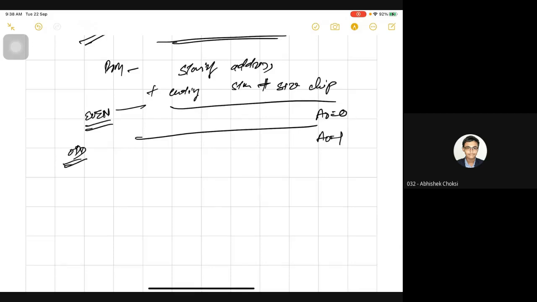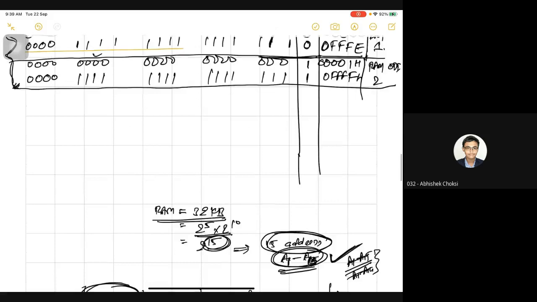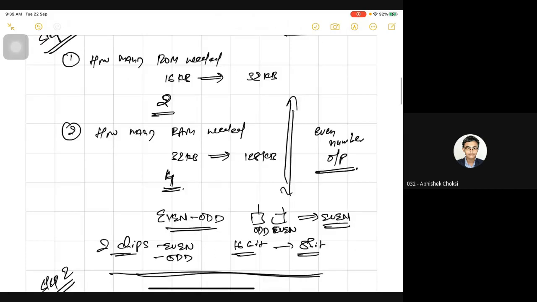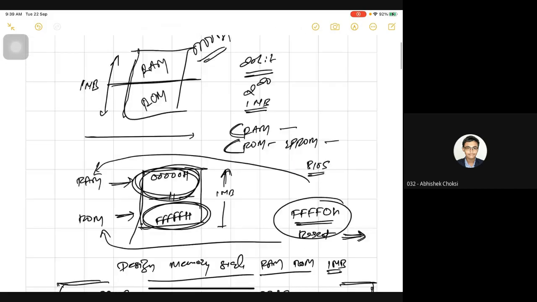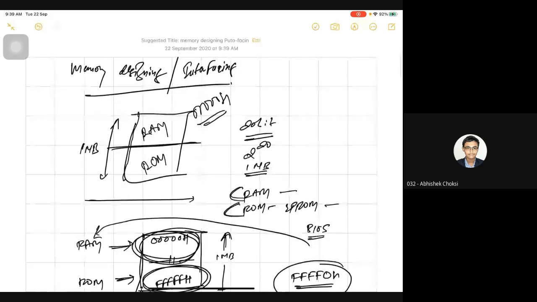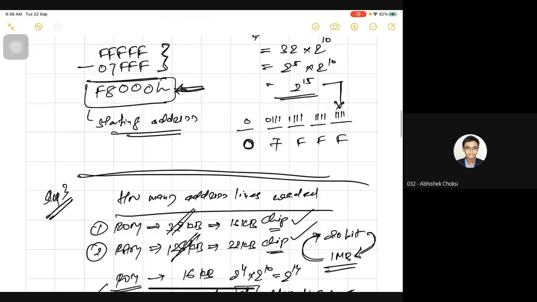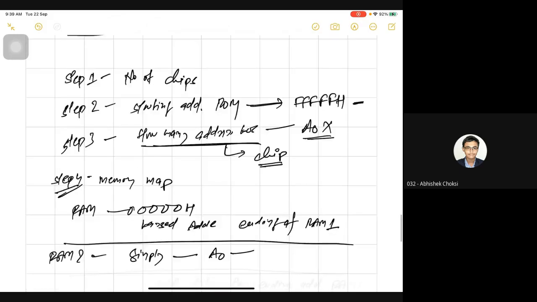The number of chips and everything can change, but the procedure will remain this only. I hope this is a little bit difficult, not easy, but the sum can come in your exam for 10 marks also, and it can be asked in different ways. So better go through this same sum 2-3 times in the video, then you will get it easily.